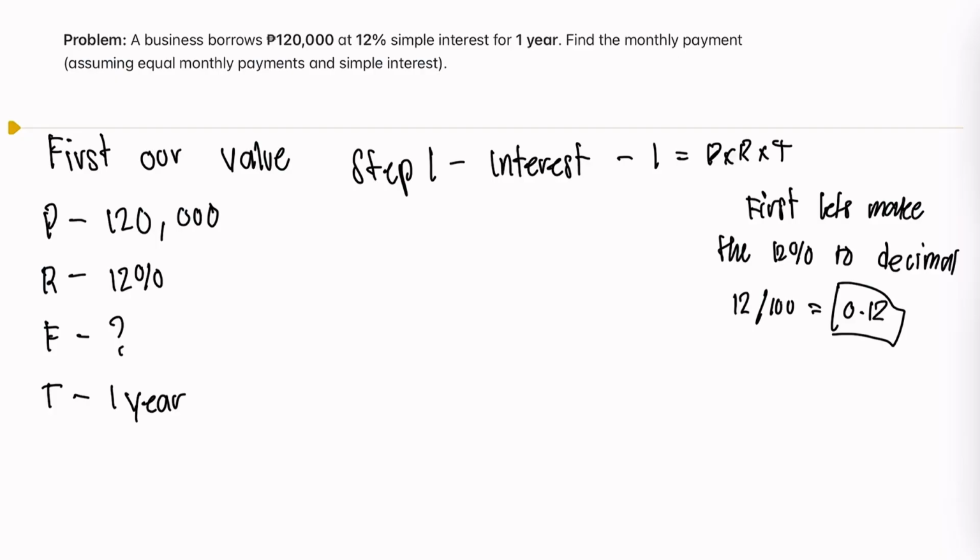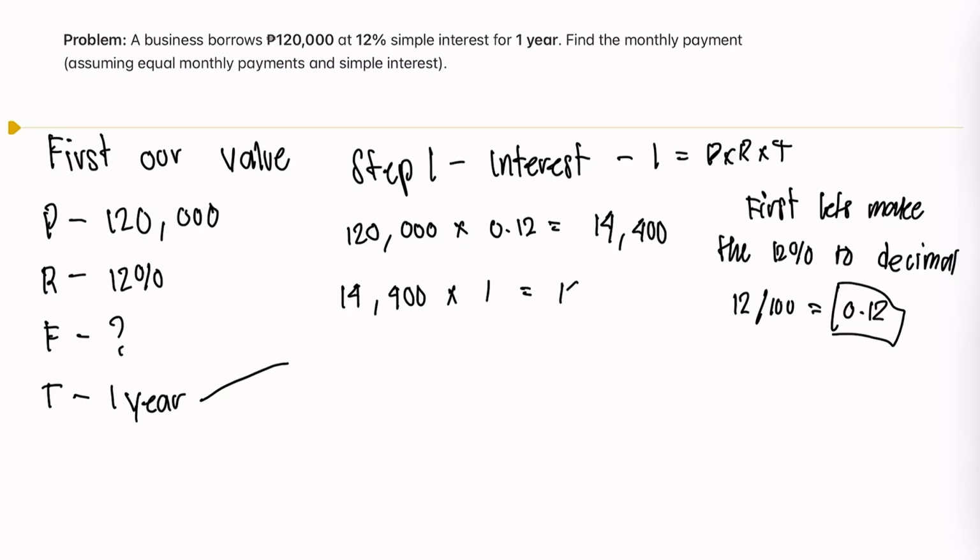Let's substitute the values. P is 120,000 times 0.12 is equal to 14,400. 14,400 times the time, which is 1, is equal to 14,400. So we have our interest now.